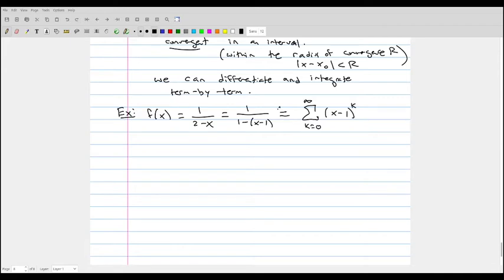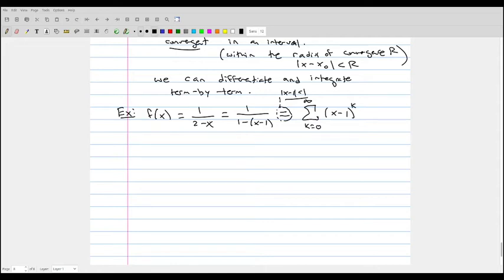Now this equality is only valid when the absolute value of x minus 1 is less than 1. This is directly using our geometric series rule for convergence.